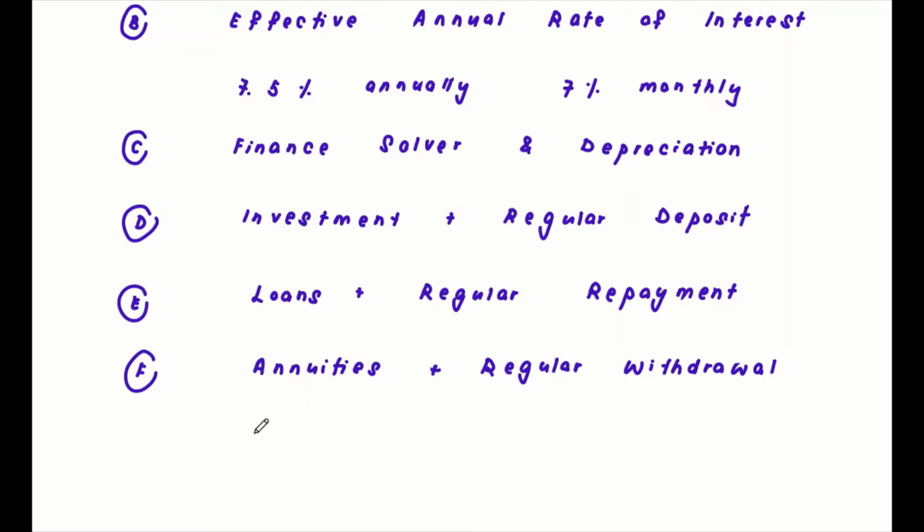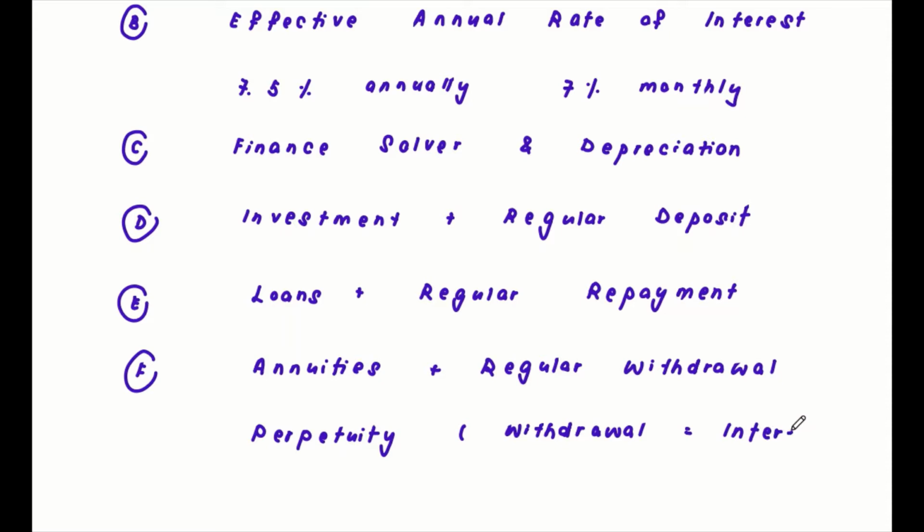Under annuity, we also talk about a special kind of annuity, which we call the perpetuity. For perpetuity, you are also having regular withdrawals, but the special thing is that the amount you withdraw every time is basically equal to your interest.